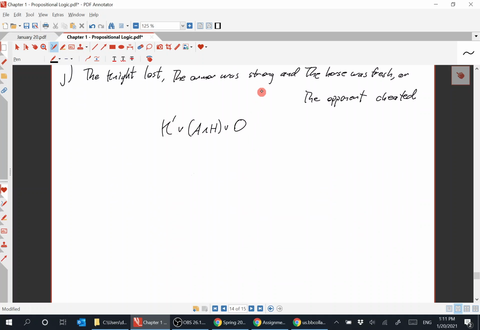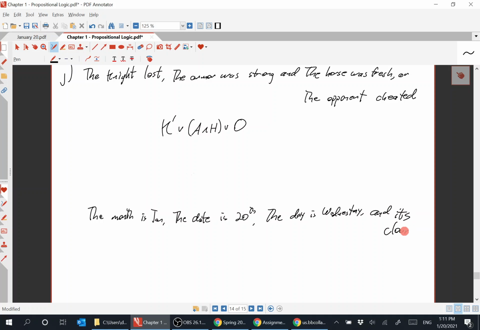I mean, like when you write the sentence, so the month is January, the date is the 20th, the day is Wednesday, and it's cloudy outside. This is a conjunction. I was going to say it's inauguration day. I'm sorry. Nothing, never mind.